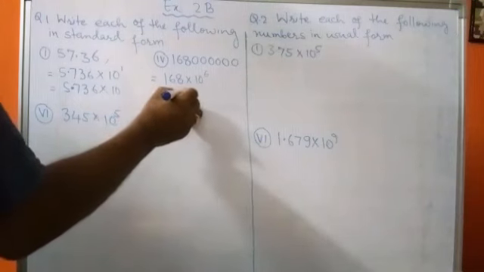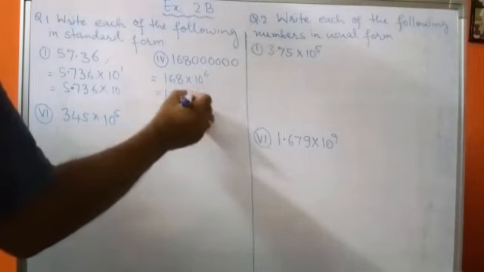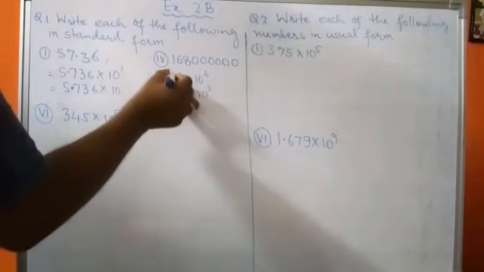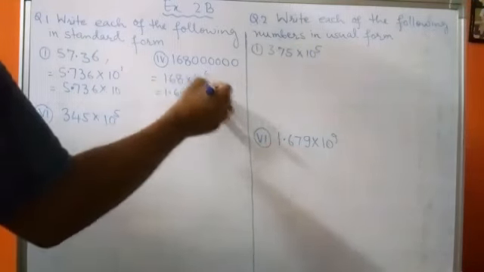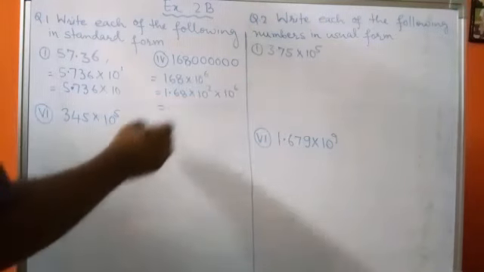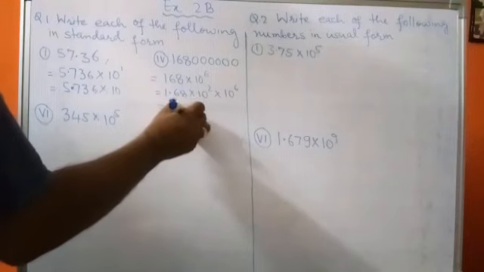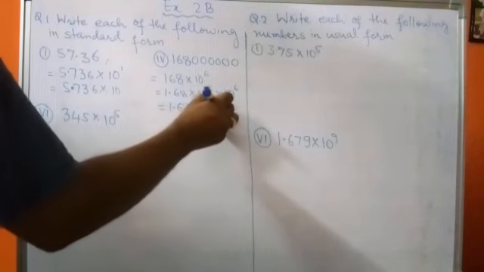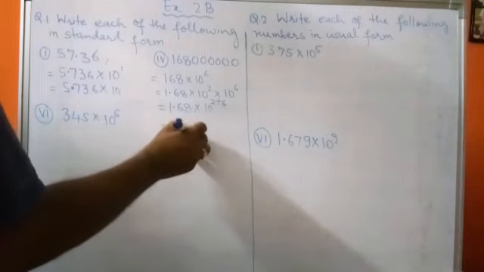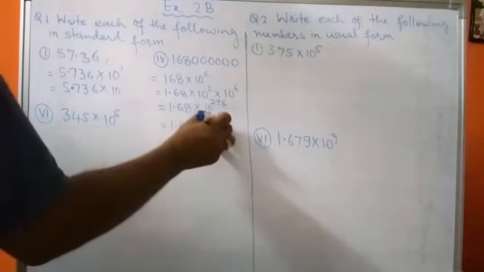That means 1.68 and 10 to the power 2, because the decimal moves two places, and already we have 10 to the power 6. By using laws of exponents, 10 to the power 2 plus 6 equals 1.68 into 10 to the power 8.